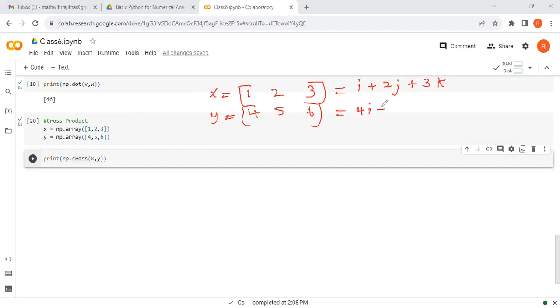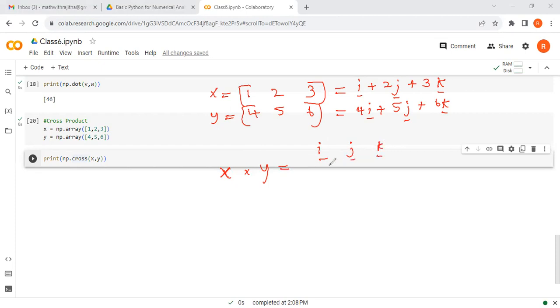4i plus 5j plus 6k. How do you get the cross product between x and y? We write ijk here.